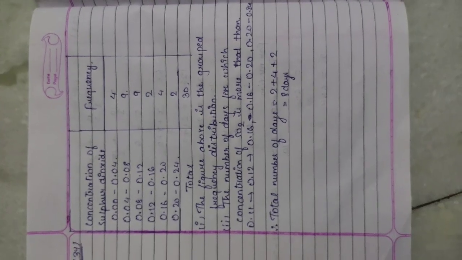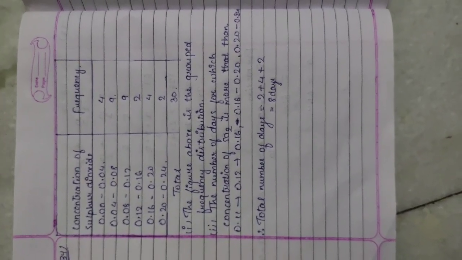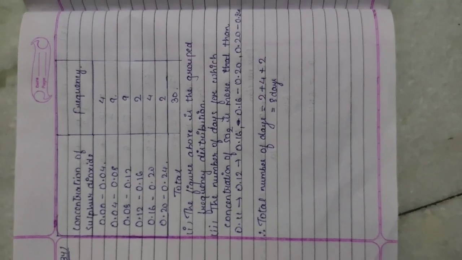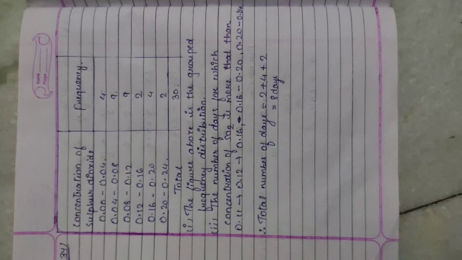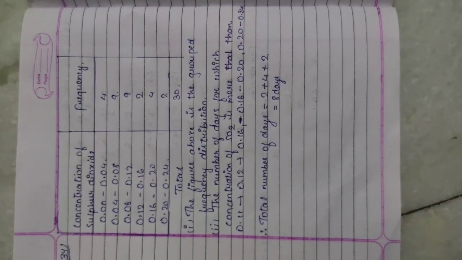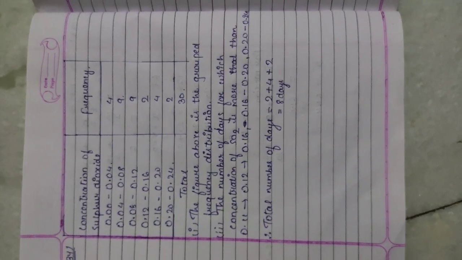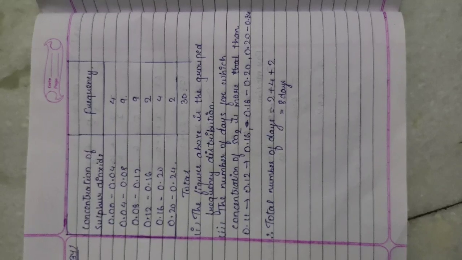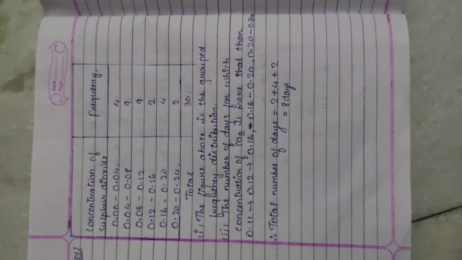Hello guys, now we are on the final question. First of all we have to make a table of the given information. You can see I have already made a table: concentration of sulfur dioxide and frequency. The second question is the number of days for which the concentration of SO2 is more than 12.